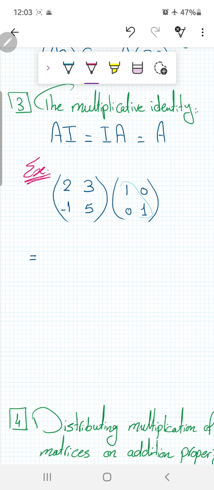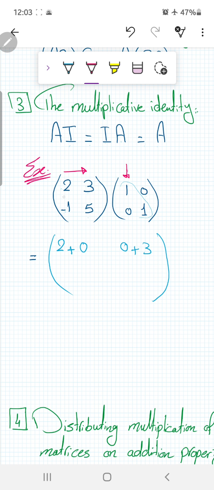To get the results, as we said, take the first matrix's row and the second matrix's column. Open a big bracket. Here, 2 times 1 equals 2, plus 3 times 0, 0. Second column, 2 times 0, 0, plus 3 times 1, 3.